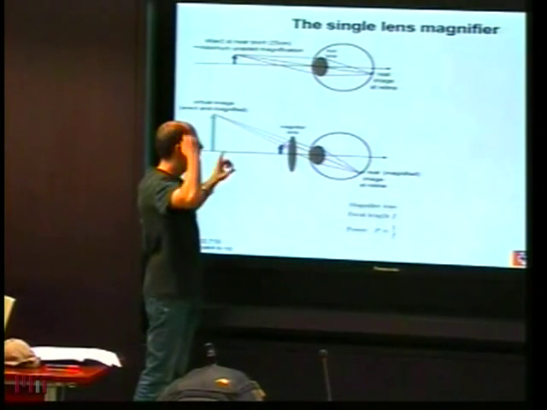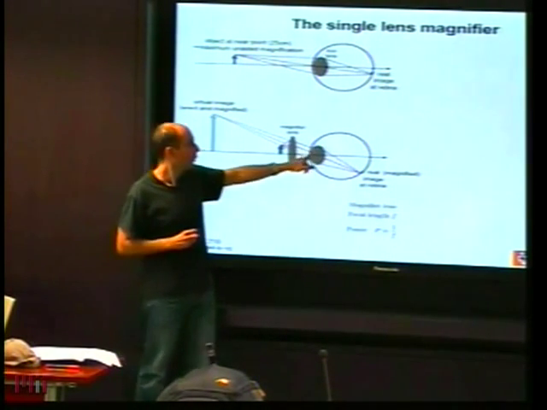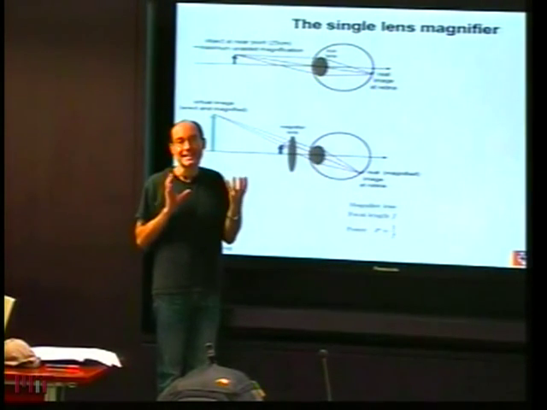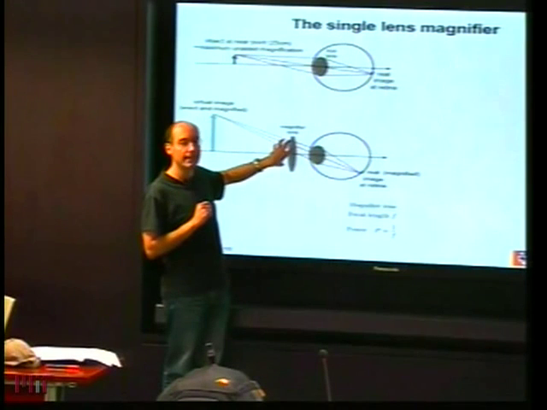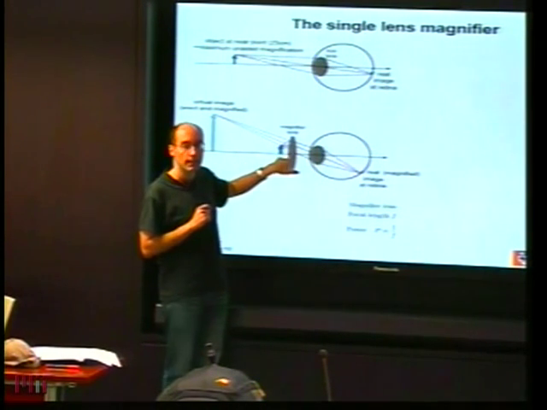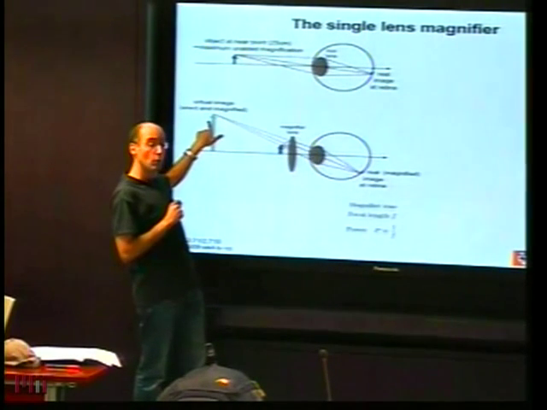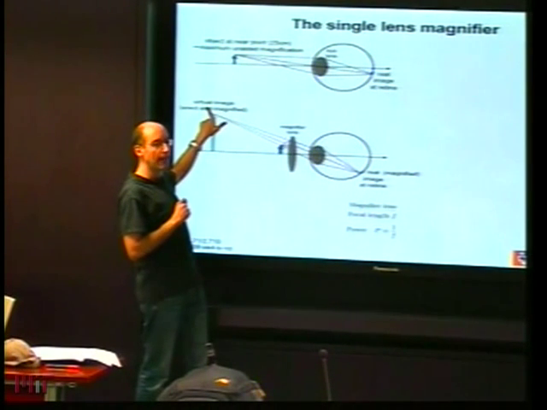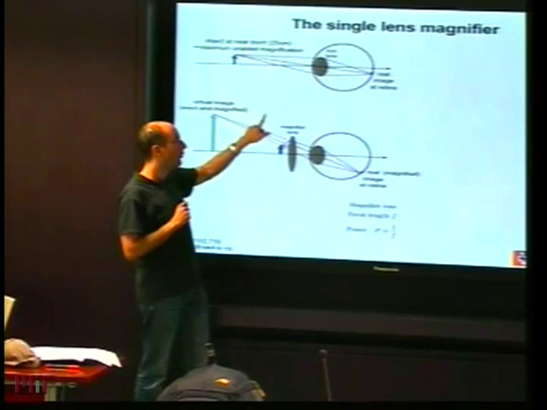There's nothing here. But when your eye forms an image, it is as if you could take away the combination of the object and the magnifier and replace it with a virtual image that this system formed. This virtual image is acting as an object for your eye.